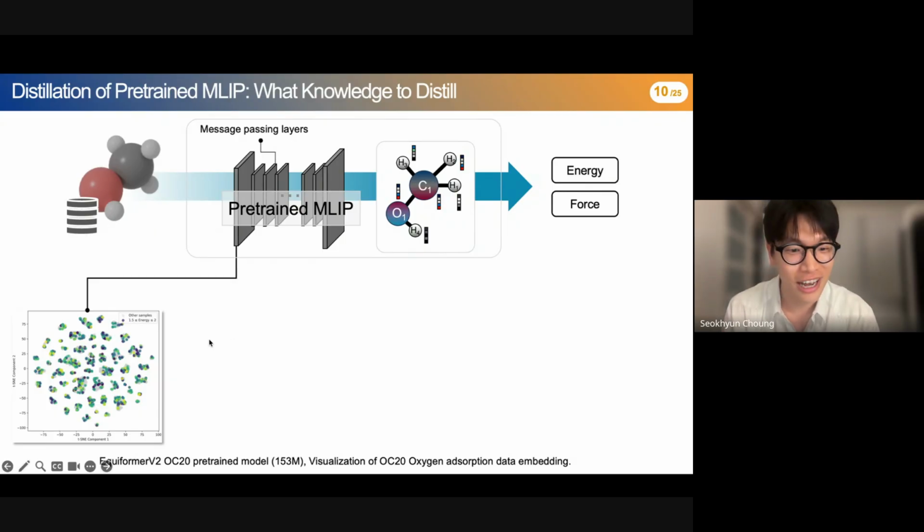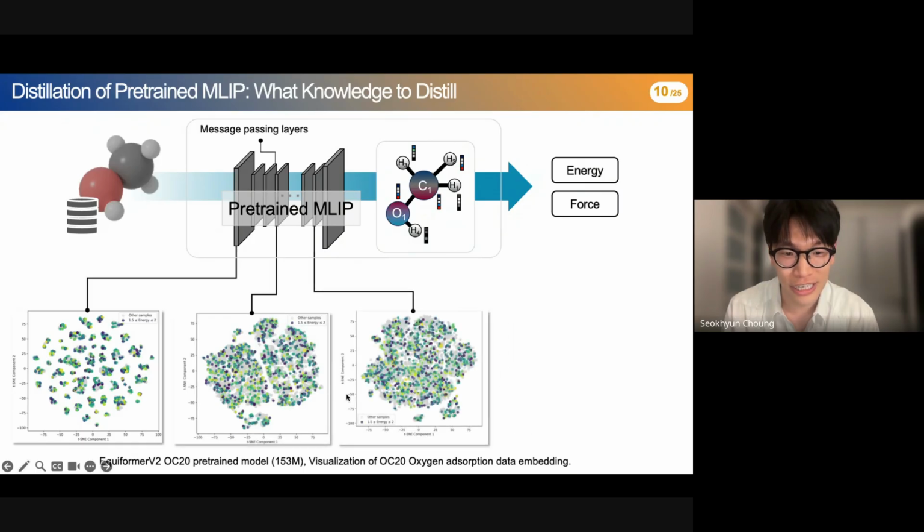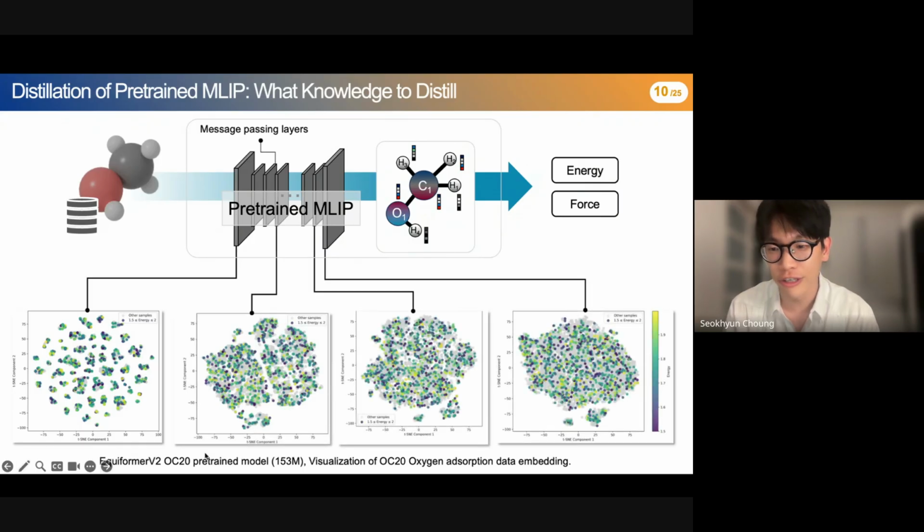I took this EquiformerV2 trained on OC20, and it has 153 million parameters. And as the molecule is passing through the latent space of deep layers, which is 22 layers in this case, the information is getting richer and richer, and finally getting the energy and forces.